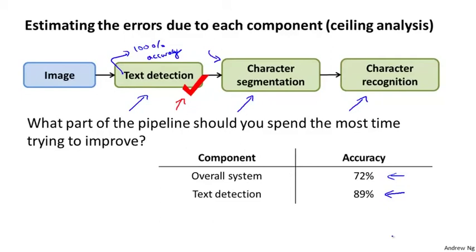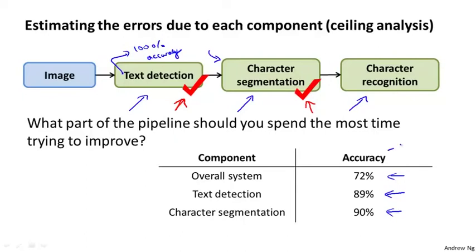Next, let's go to the next stage of the pipeline, character segmentation. Again, I'm going to go to my test set, and now I'm going to give it the correct text detection output and the correct character segmentation output. So let's manually label the correct segmentations of the text into individual characters, and see how much that helps. And let's say it goes up to 90% accuracy for the overall system.